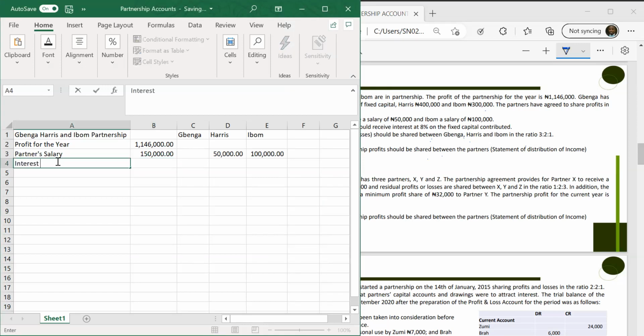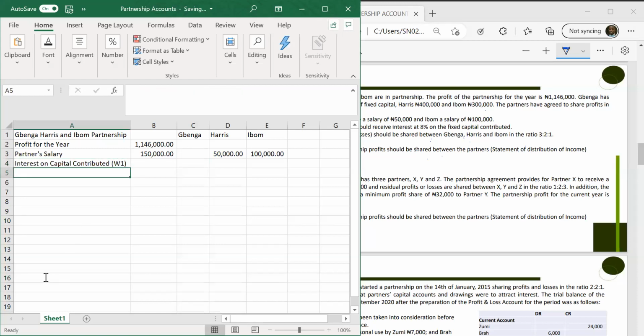Interest on capital contributed. In your notes, you can quickly go down somewhere and calculate for each one. Or you can do it right here. But for me, I prefer a neat way. Go to your notes and write working notes 1.